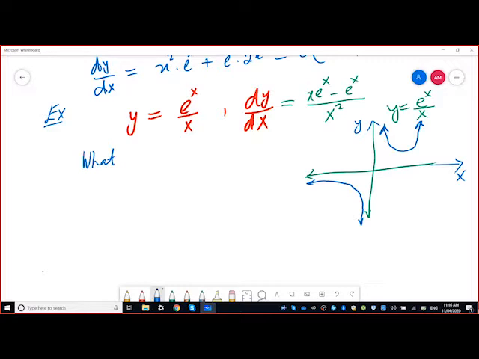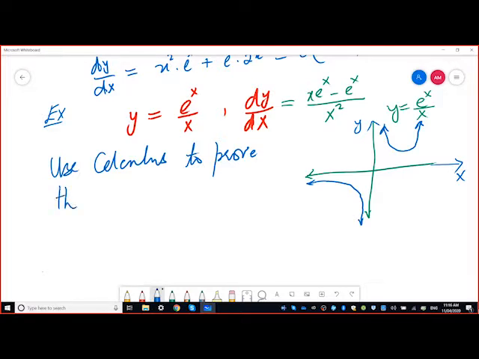The question says, use calculus to prove the local minimum is the only stationary point.